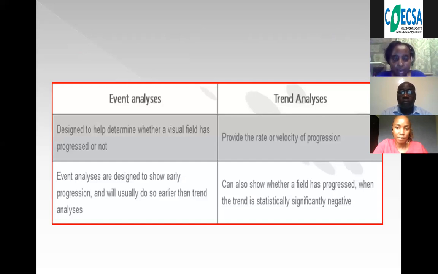It's really used for early progression, and it will detect earlier than the trend, because for the trend you need very many fields, quite some significant follow-up. Trend analysis will tell us the rate, fast or slow. It can tell fast progressors and slow progressors, and whether that trend is statistically significant.